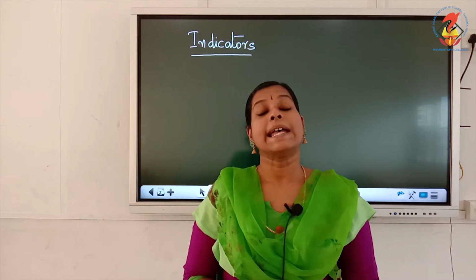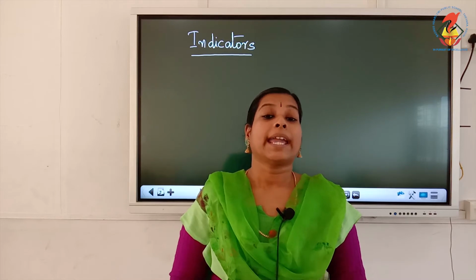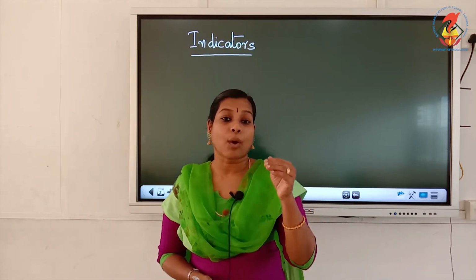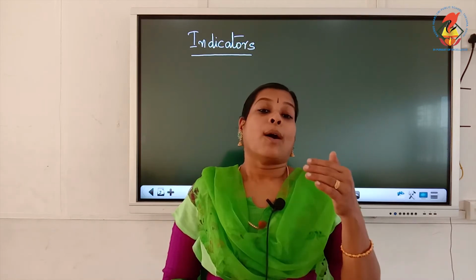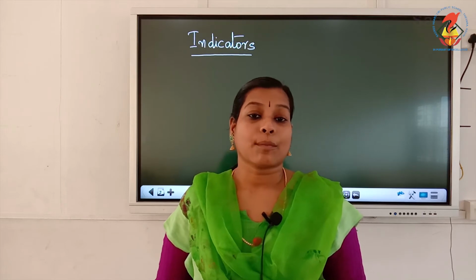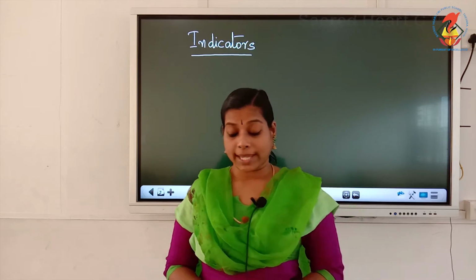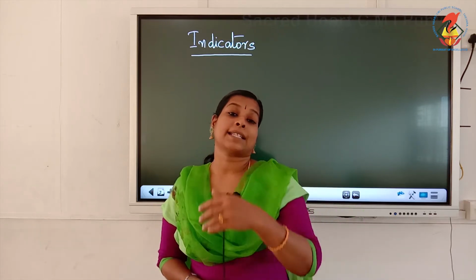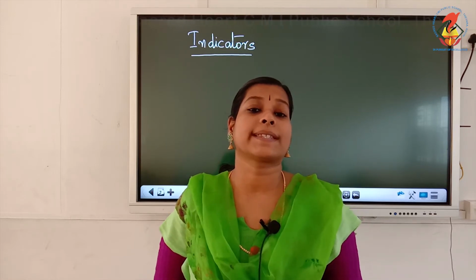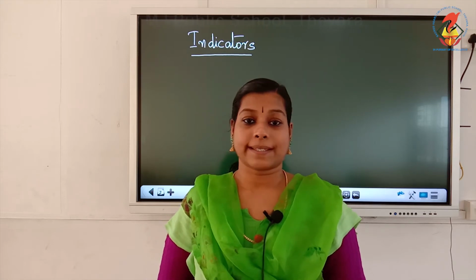Same way, in chemistry also there are indicators. Indicators will give a particular color when in contact with acidic substances, or otherwise, if they are in contact with basic substances, that time also they will produce some color. So we can say that indicators are special type of materials which produce color when in contact with acids or bases.